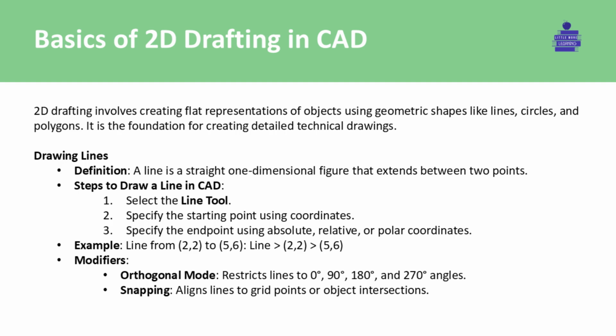Here's a practical tip. The orthogonal mode is like having a magical ruler that keeps your lines perfectly horizontal or vertical. And snapping? It's like having a magnetic force that pulls your cursor to exact points on the grid or to intersections with other objects. This ensures everything lines up perfectly.